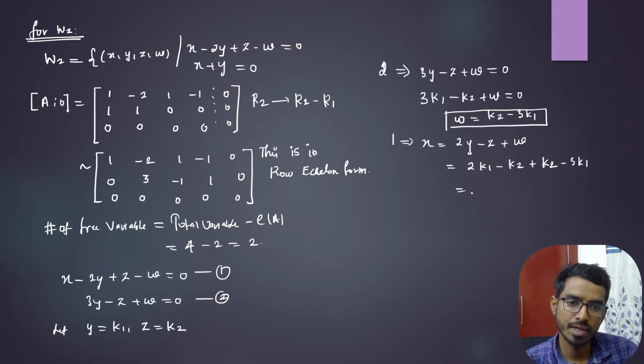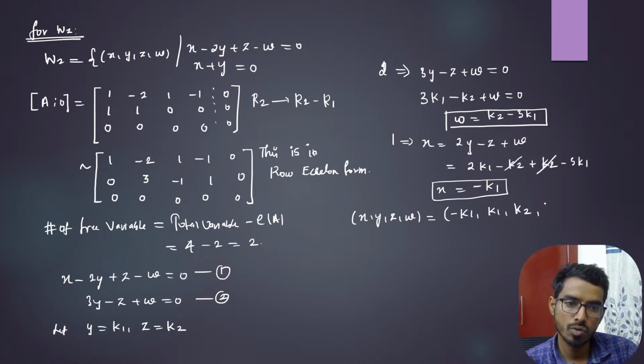So 2k1 minus 3k1 is minus k1, and the k2 terms cancel. So x is minus k1. Therefore the solution (x, y, z, w) is (minus k1, k1, k2, k2 minus 3k1).